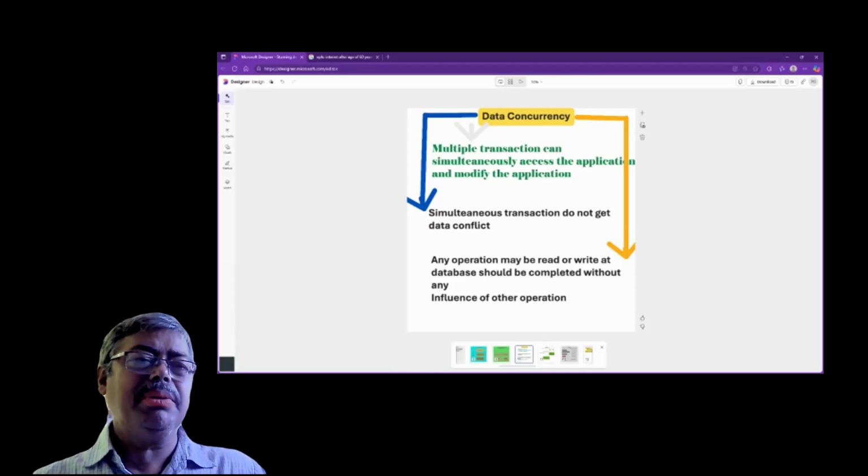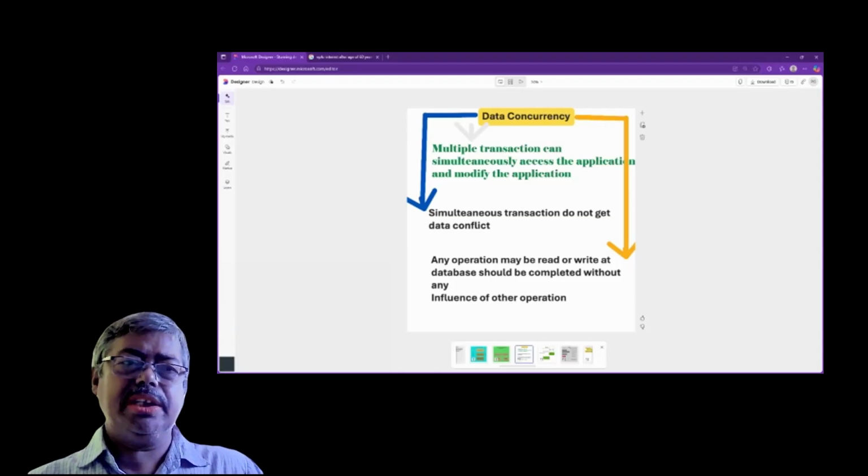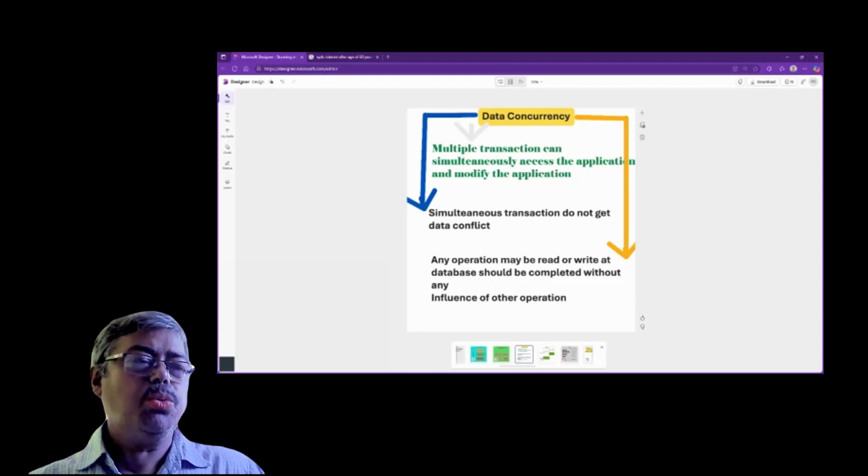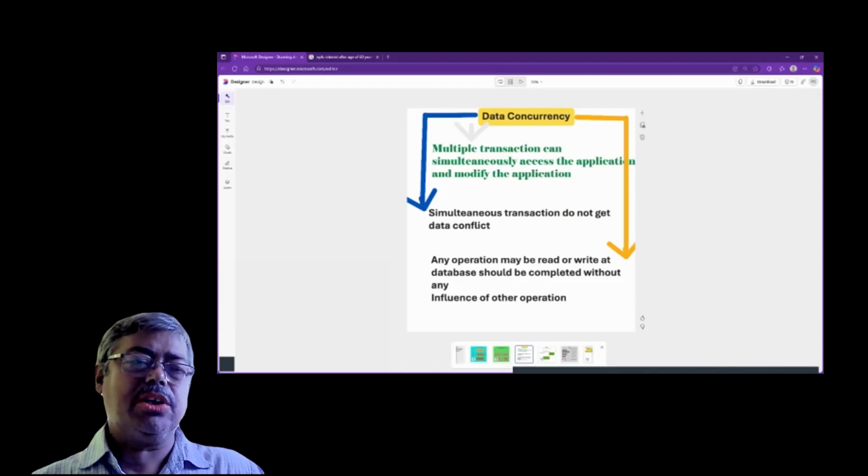No data conflict occurs, so every transaction is properly done, and this is the process of data concurrency. Any operation, whether read or write, in the database system should be completed without any influence from other operations.